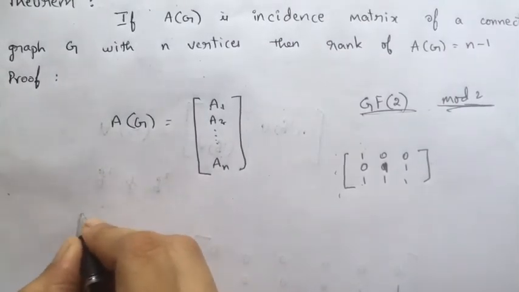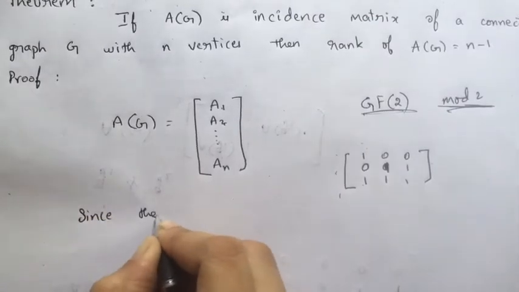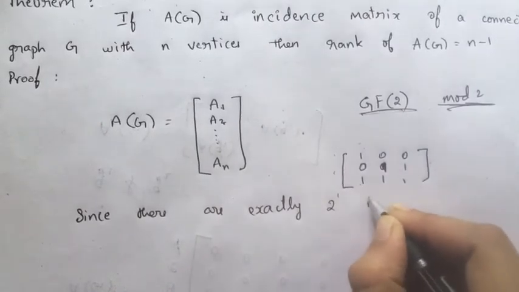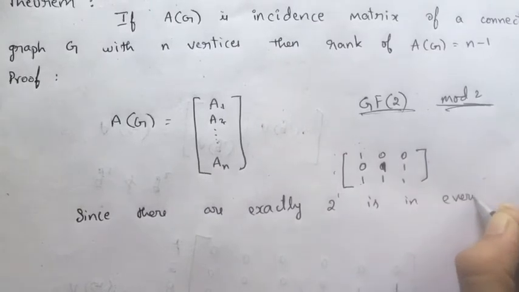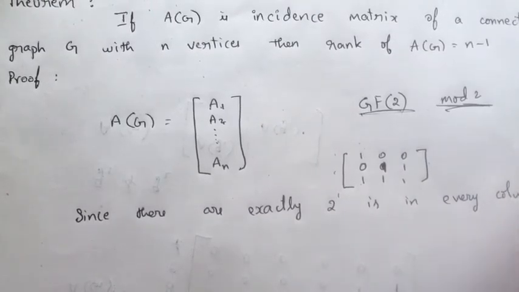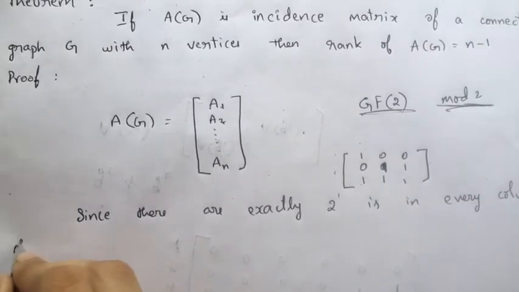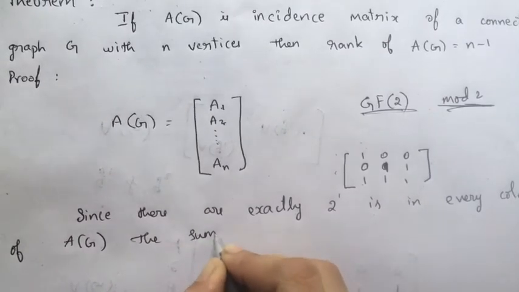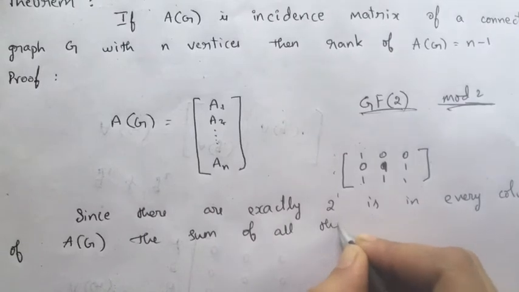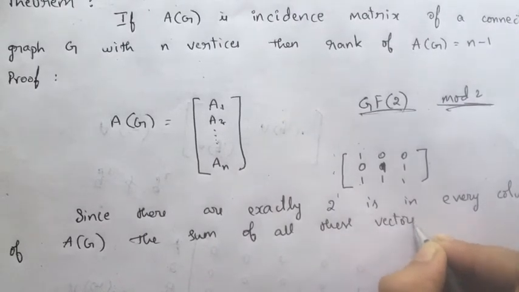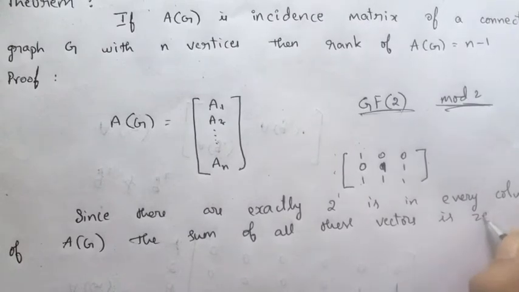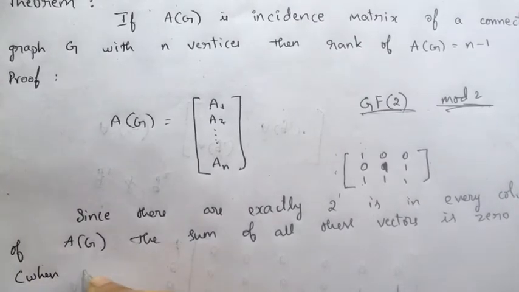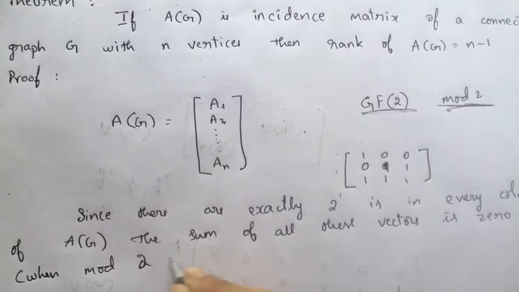So, since there are exactly 2 ones in every column of A of G, the sum of all these vectors is 0 when modulo 2 is applied.